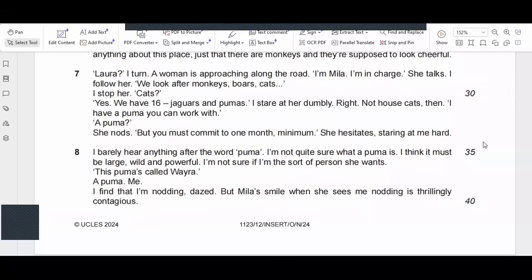She mentions her feeling here: I don't really know exactly what the animal is, but I imagine that it must be a strong, untamed, powerful hunter. I begin to doubt whether I am the kind of person she is looking for or not. She tells me that she particularly wants a creature to be looked after, whose name was Vira, a puma basically.